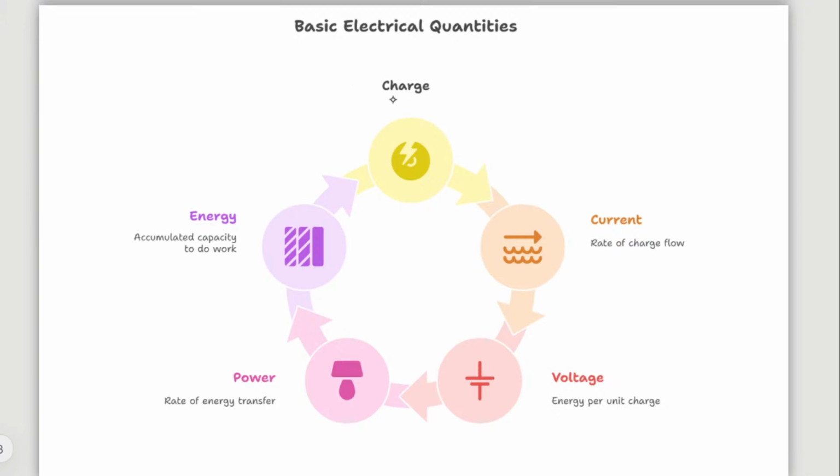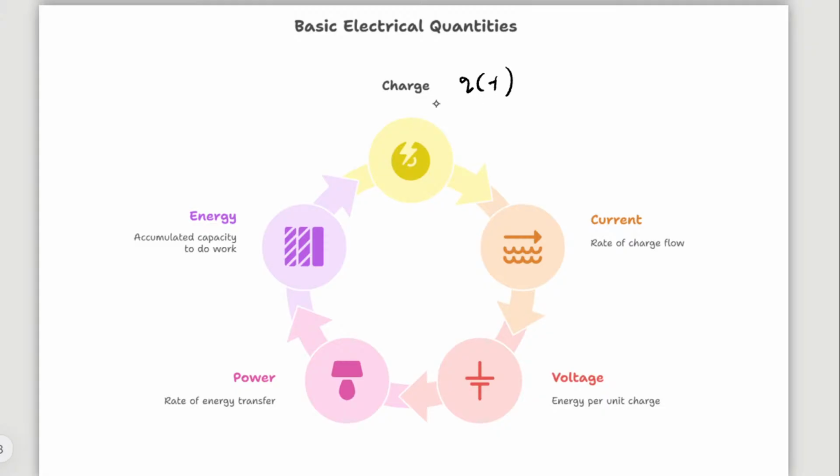The first thing we are discussing is these terms: charge, current, voltage, energy, and power. These are some basic electrical quantities. I am defining charge as q of t, an instantaneous value based on time.